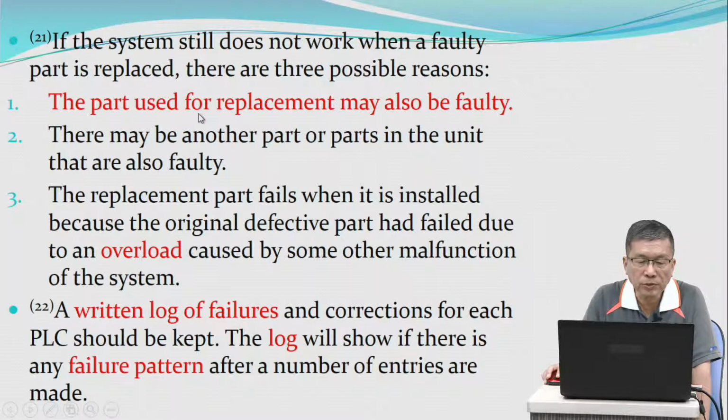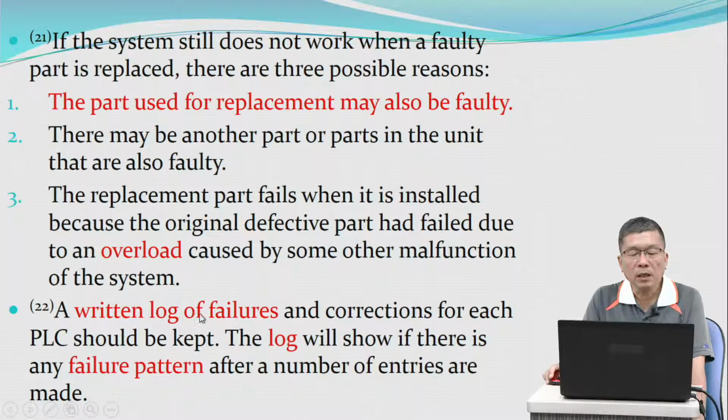The part used for replacement may also be faulty. There may be another part or parts in the unit that are also faulty. The replacement part fails when it is installed because the original defective part failed due to an overload caused by some other malfunction of the system.